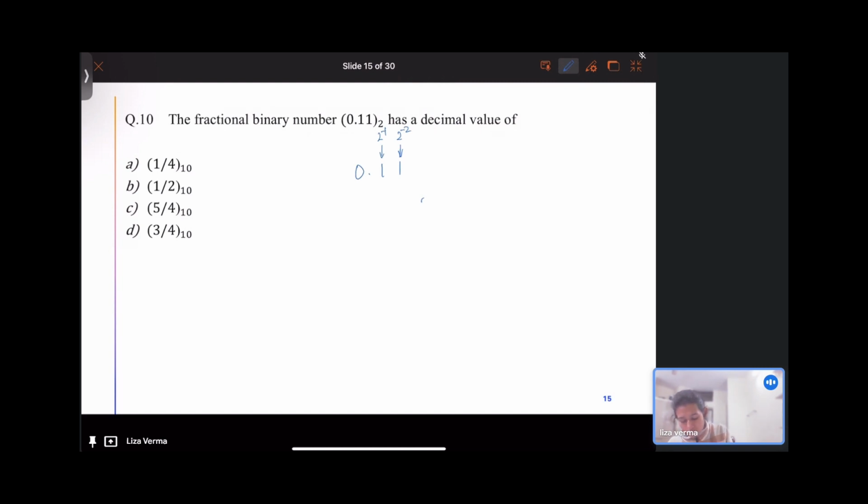So the number will be 1 into 1 by 2 plus 1 into 1 by 2 square, which is 0.5 plus 0.25, which gives us 0.75, or 3 by 4 in base 10. So D is the correct answer, right?